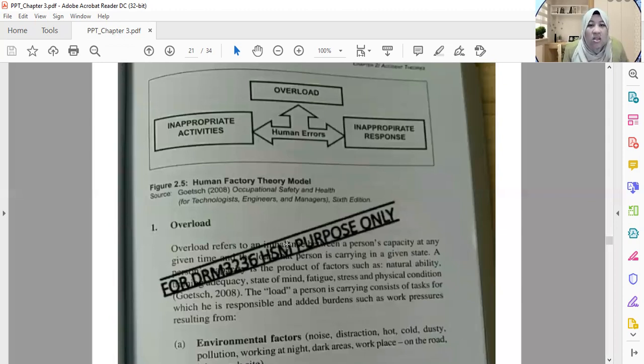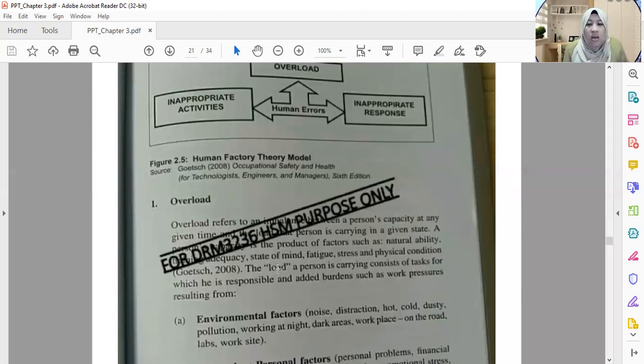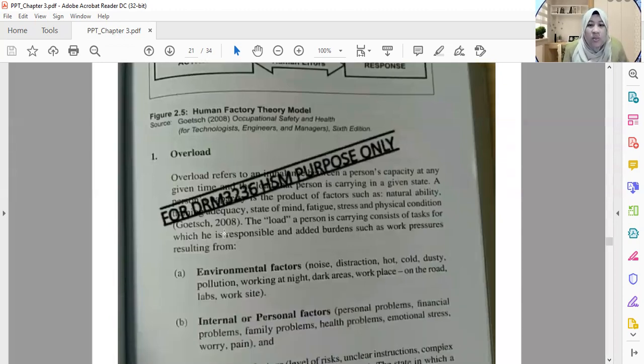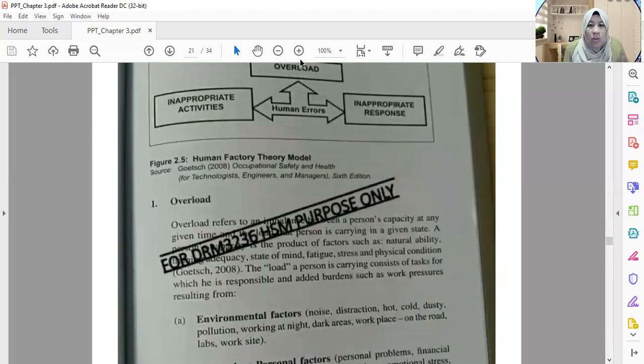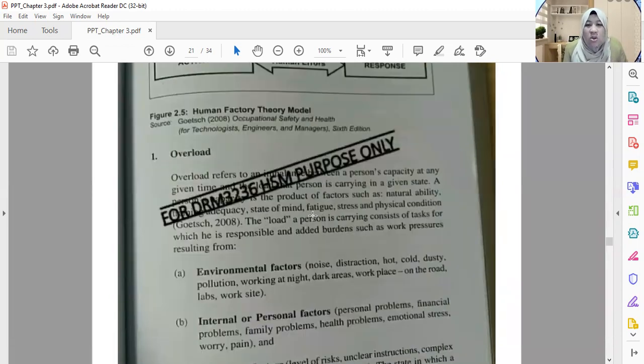So if you see in here, there is some explanation. Number one, of course, human errors tend to be triggered by overload. In here it is stated, overload refers to an imbalance between a person's capacity at any given time and the load the person is carrying in a given state.